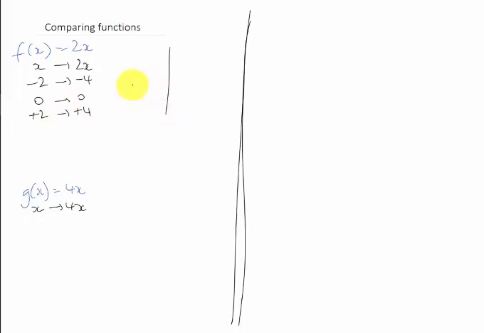So here, if we draw the graph, it's 2, minus 2, 4, minus 4. So got 1 point here, 1 point here, 1 point up here. And so our line's going to go something like this.